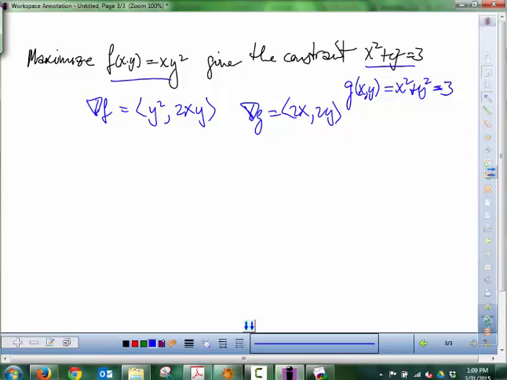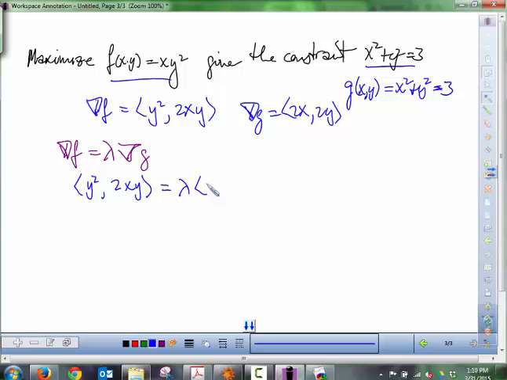So if I do my magic Lagrange equation, then I'm going to have y squared, 2xy equals lambda times 2x, 2y. And if I take this apart component by component, I will get y squared is equal to lambda times 2x, and 2xy equals lambda times 2y.